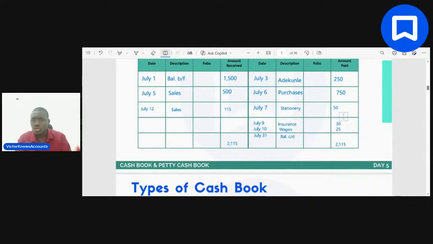So you have 250 plus 750, that's 1,000, plus 50, that's 1,050 naira, 1,080 naira, and 1,105. Now 1,105 minus this, that gives us 1,110.